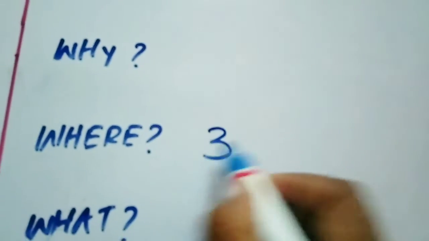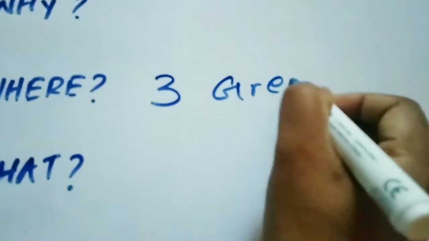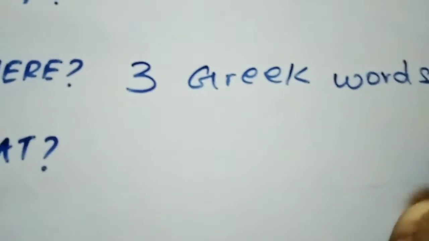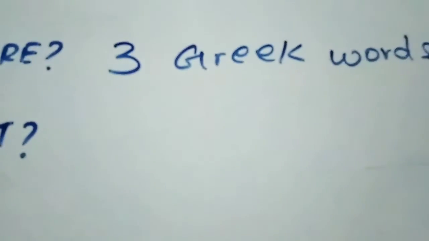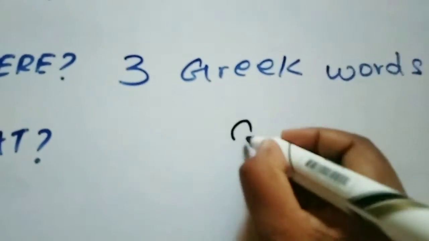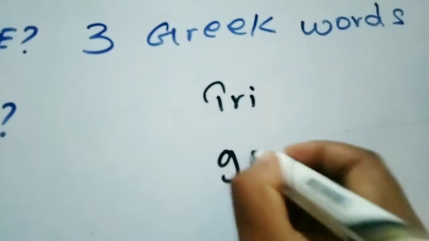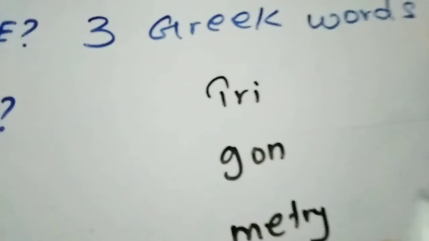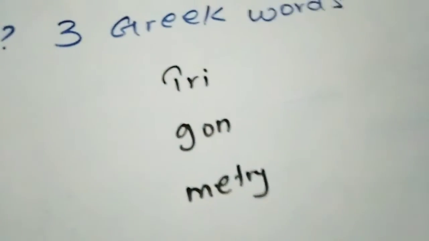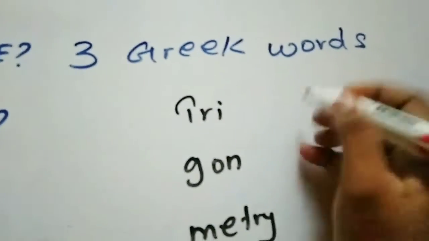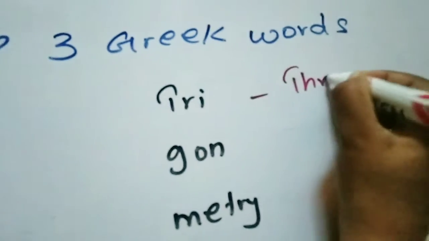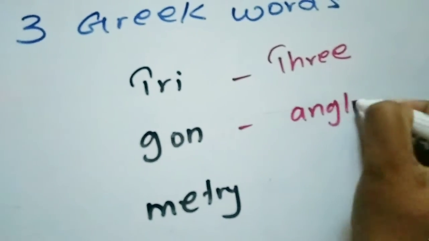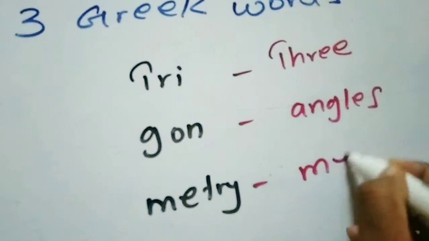From where did the name trigonometry come? Trigonometry is a combination of three Greek words. What are those three Greek words?